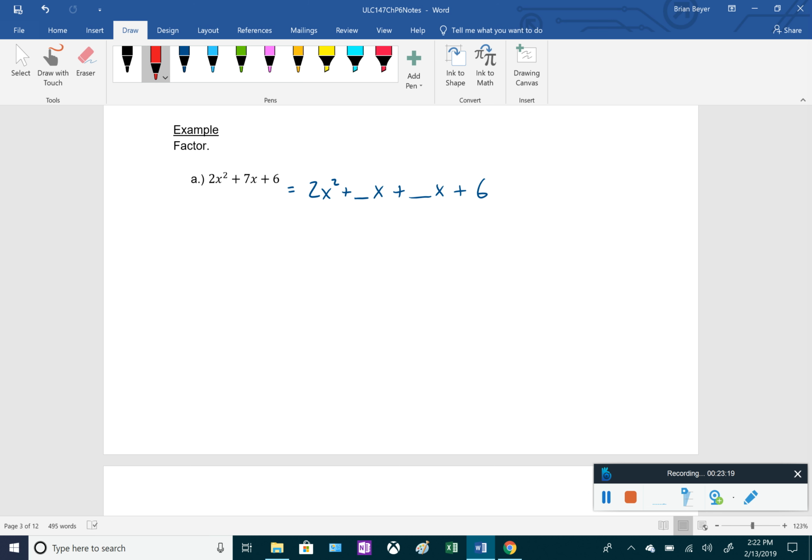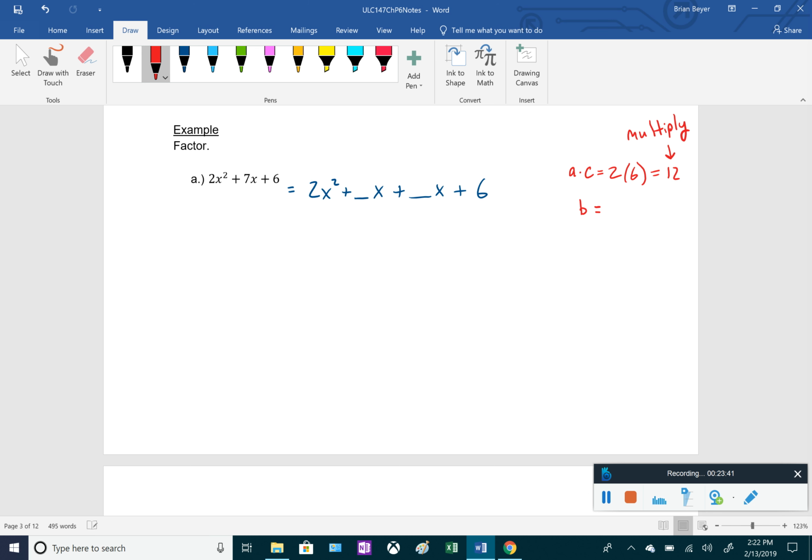To figure out what goes in those blanks, we have to multiply a times c, which is the leading coefficient 2 times the constant 6. 2 times 6 is 12. So the blanks are going to be two numbers that multiply to 12.